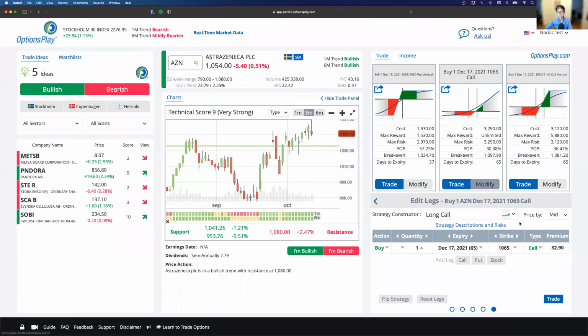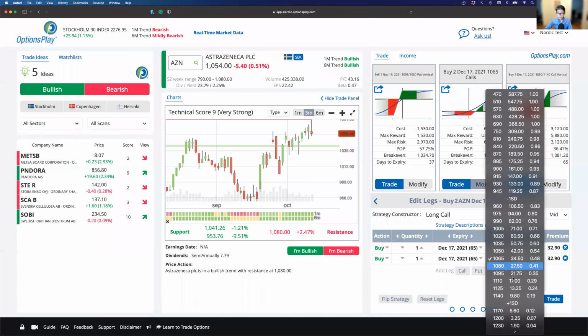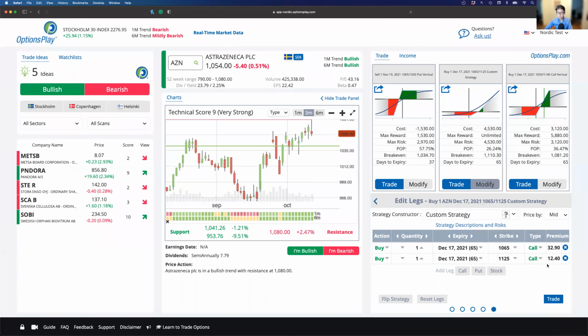So for example, let's say I was buying a call option on AstraZeneca, let's say I bought the December 1065s, and it's costing me 32.90. I can also at the same time sell this out of the money call option and collect, let's say 12.40. That'll bring my cost down. If I sold this, I'll bring in about 9.20. That'll bring down the cost of the long call by about 30% or so.